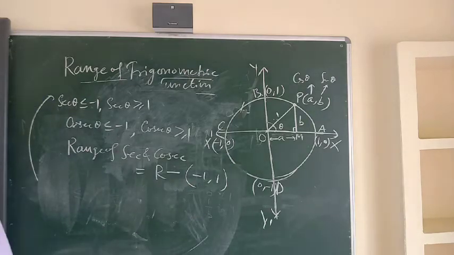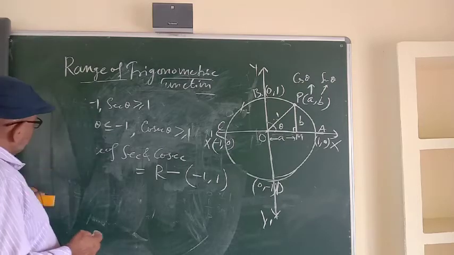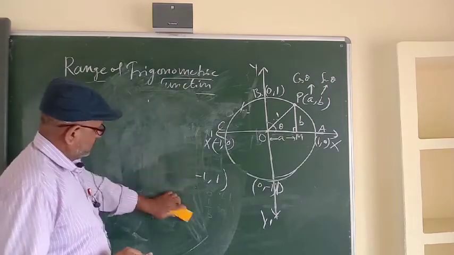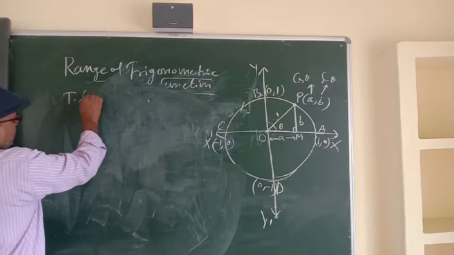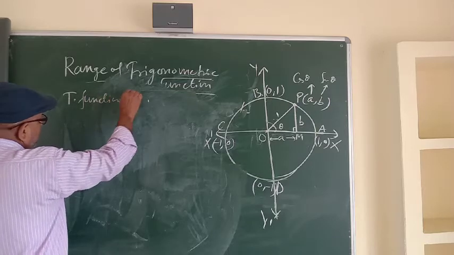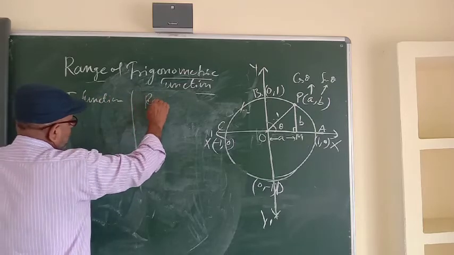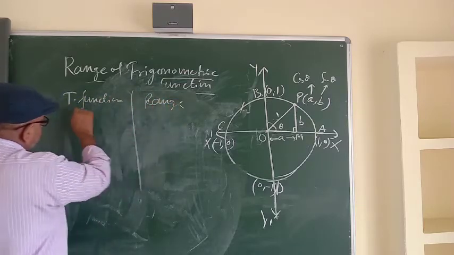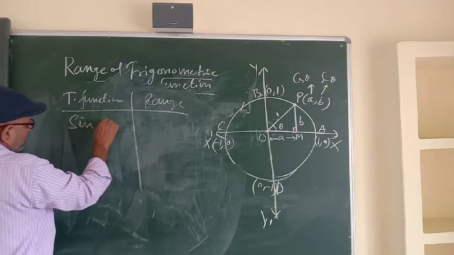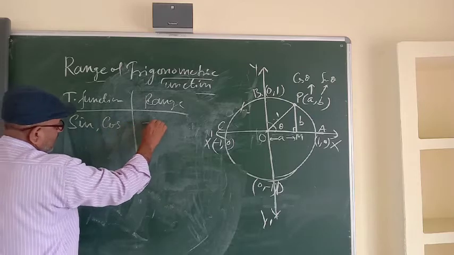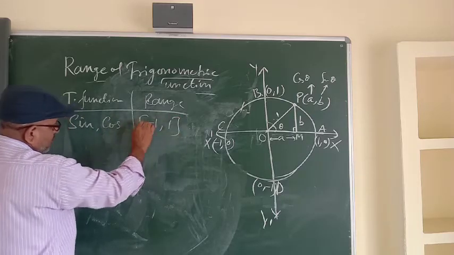So we can summarize the result in tabular form. Here we write the trigonometric function, and on this side we write the range. For sine and cos, the range is -1 to 1, closed interval.